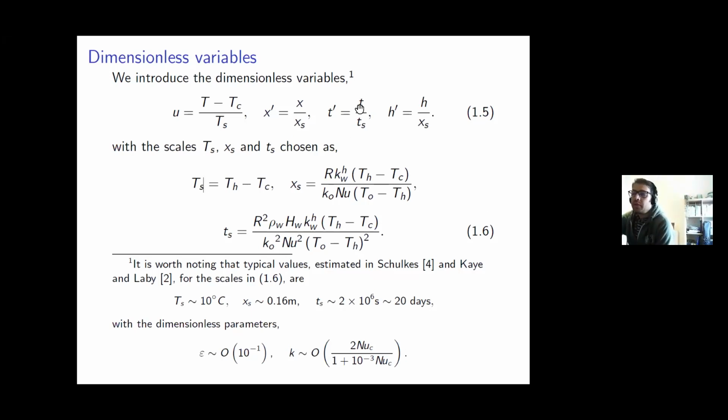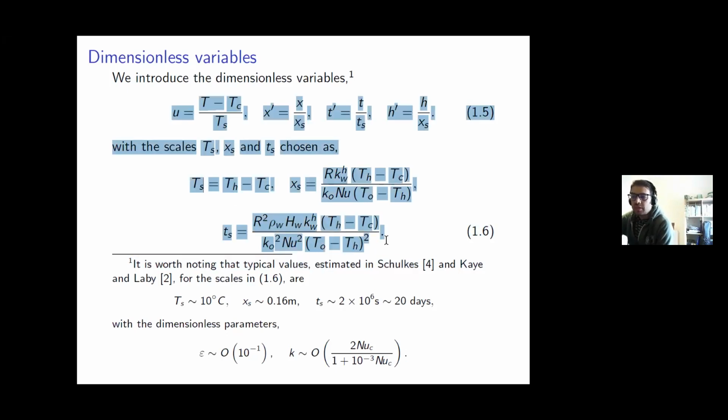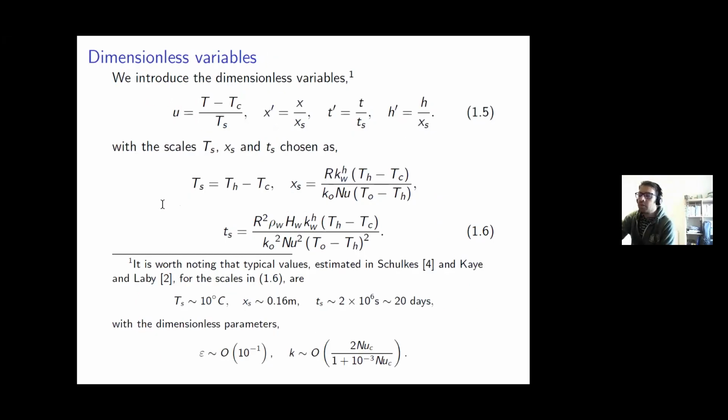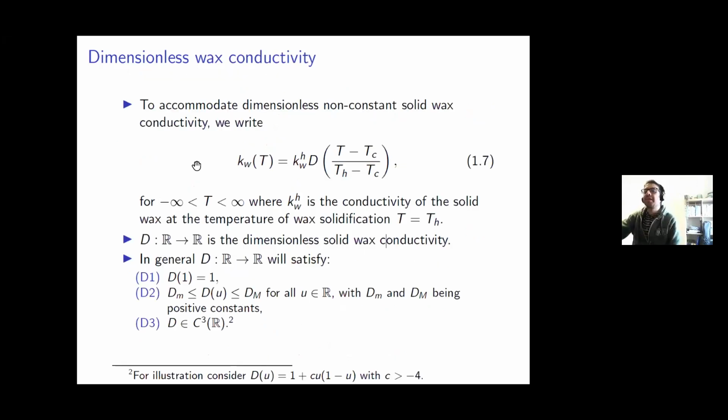Now, if you substitute in these dimensionless variables into our boundary value problem, or into our PDE and our boundary conditions, what you get is, I've jumped ahead of myself again. I apologize. We're not finished with our non-dimensionalization of this problem. We still need to consider the wax conductivity.